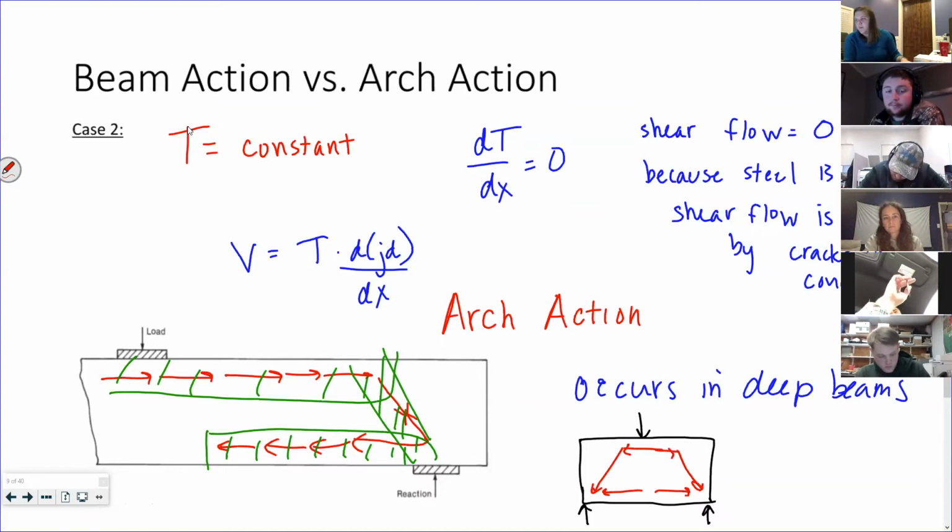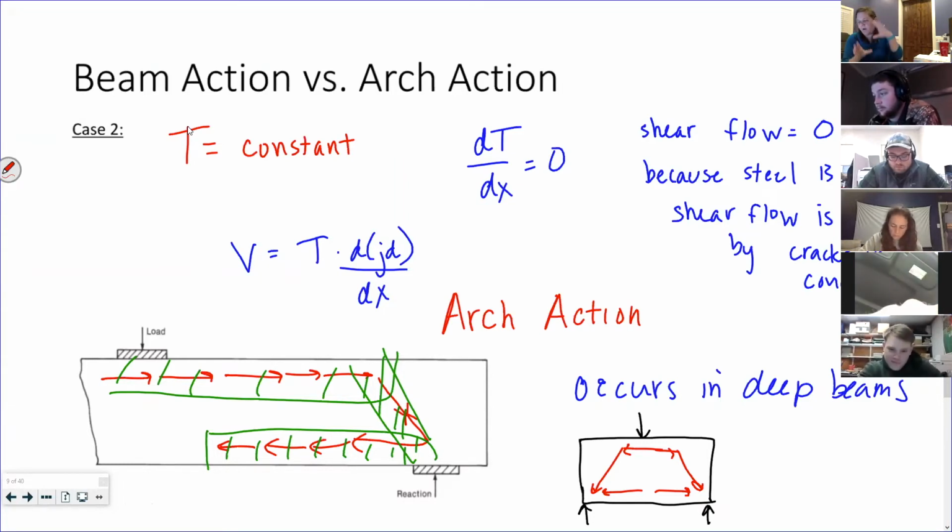Okay. That's the real meat of the mechanics of this. Just trying to show that if you have a really deep beam, you're going to have to design it differently. You're going to have to treat it like it's got only parts going on, as opposed to the entire cross section of concrete.